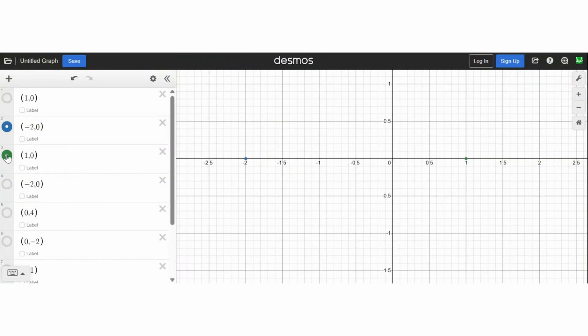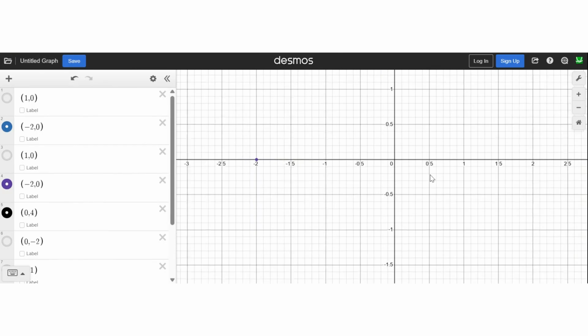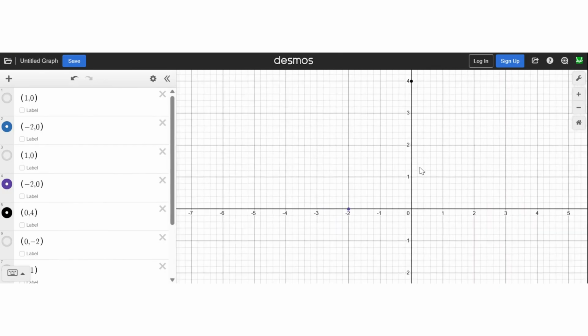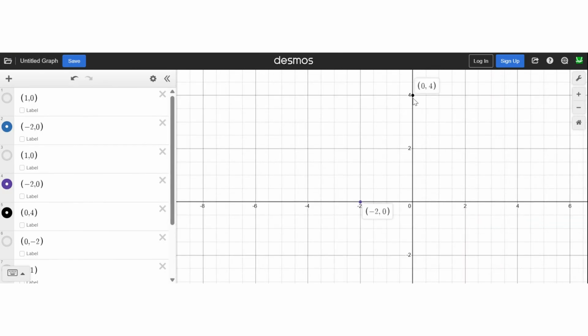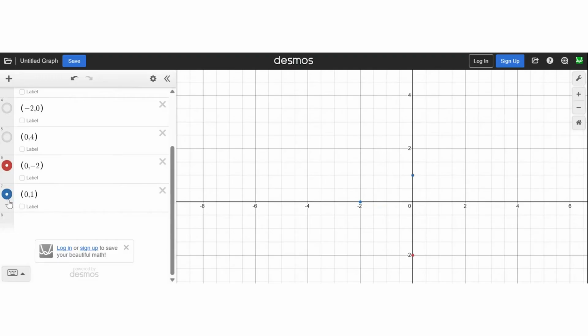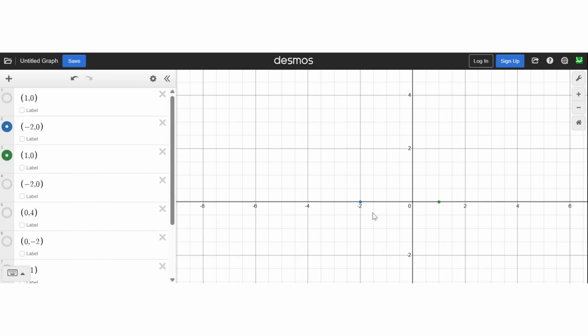If we look at the other possible answers, we had (-2, 0) and (0, 4), and that was right here and right here. But the zeros don't have anything to do with the y-axis, which is where this one's at. It has to do with the x-axis. The last possible answer again showed a point here and one at the y. So again, these points are the right answer because the zeros go through the x.